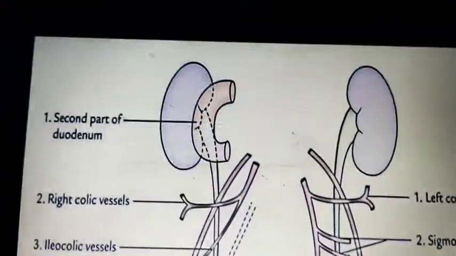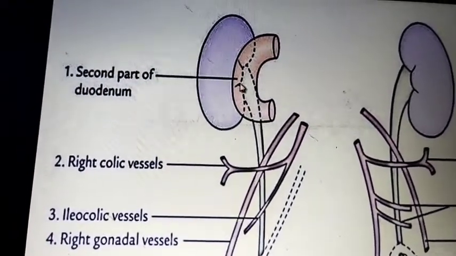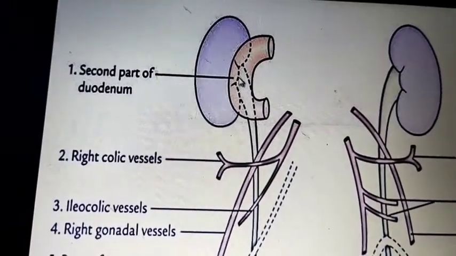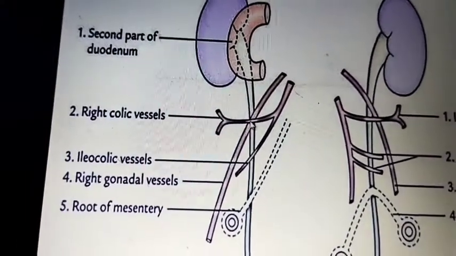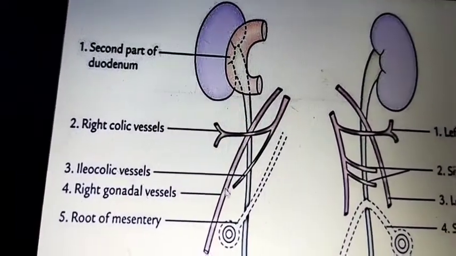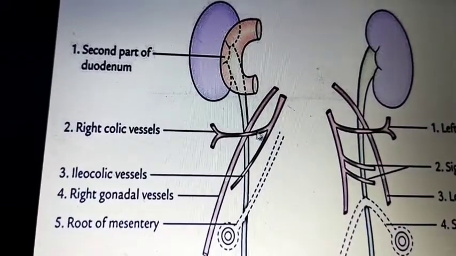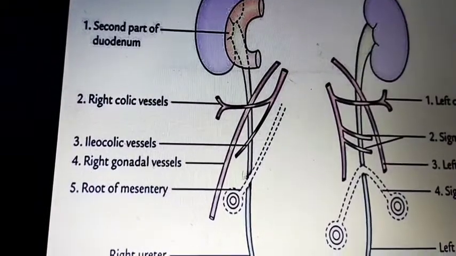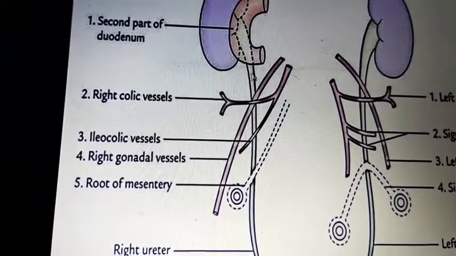You can see here how the relations run. This is the right side, right kidney, right ureter, and this is the left ureter. At the upper part of the right ureter, below the renal pelvis, there is the duodenum. Then you get the gonadal vessel, then the right colic vessel, then the ileocolic vessels, and this is the root of the mesentery on the right side.